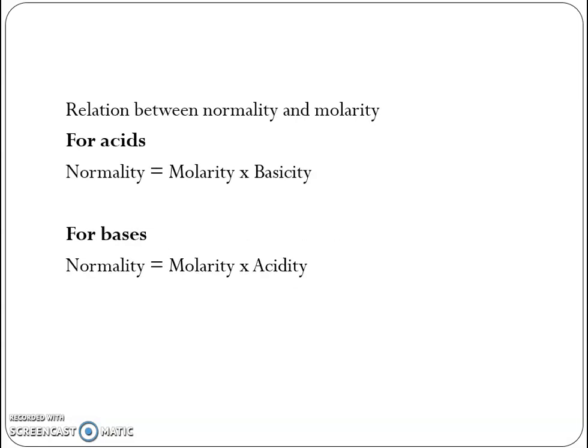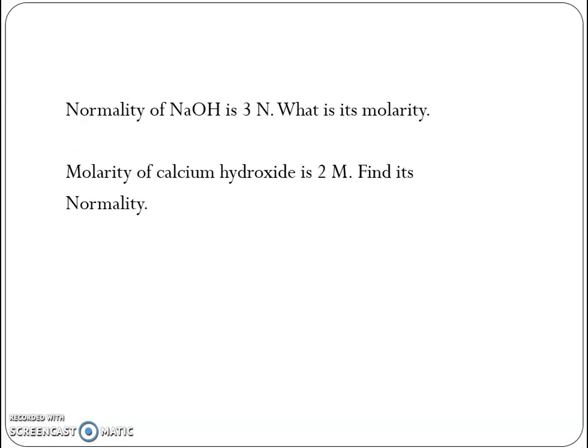Let us see now the relation between normality and molarity. For acids, you can say normality is equal to molarity into basicity, and for bases, you can say normality is equal to molarity into acidity. So there is a small exercise.